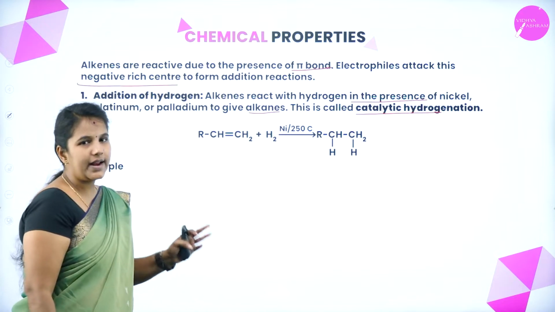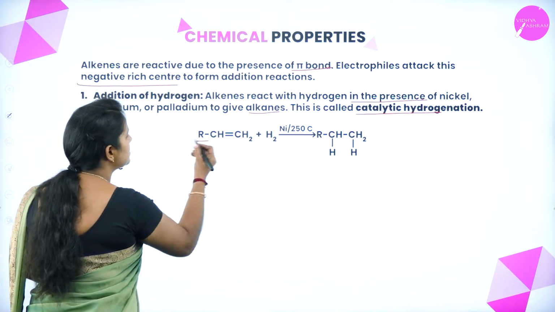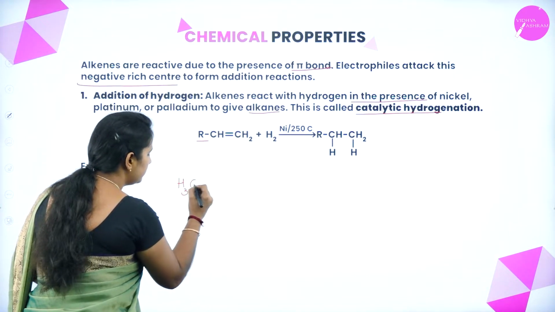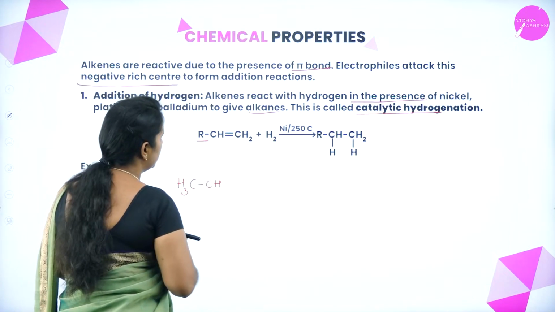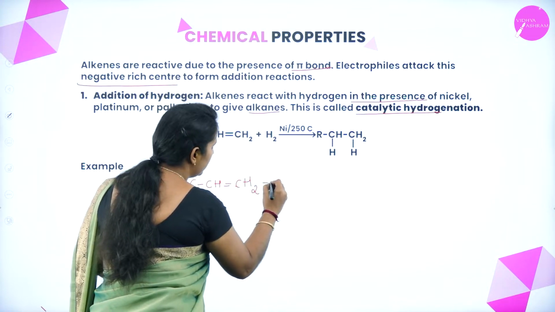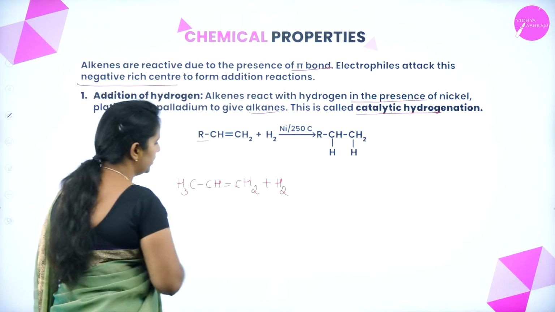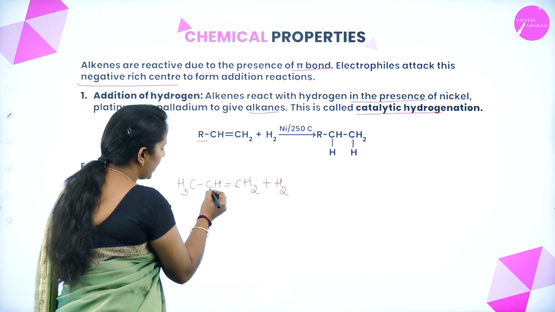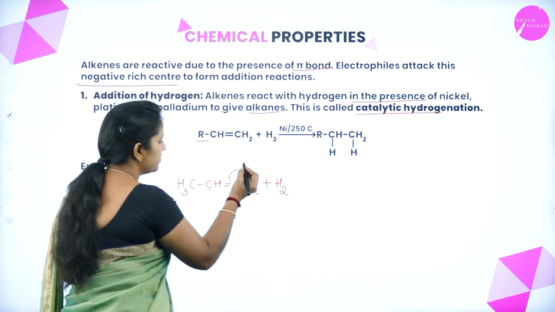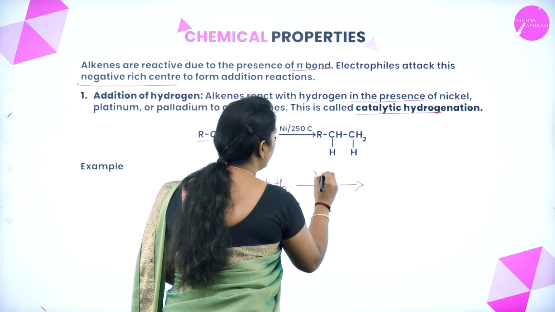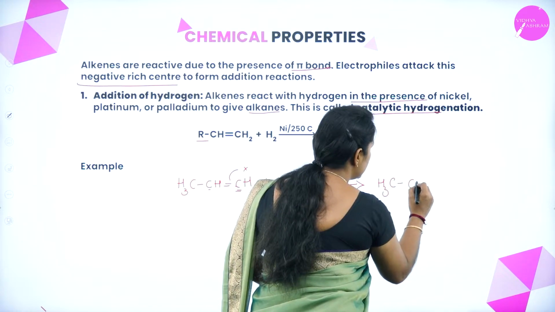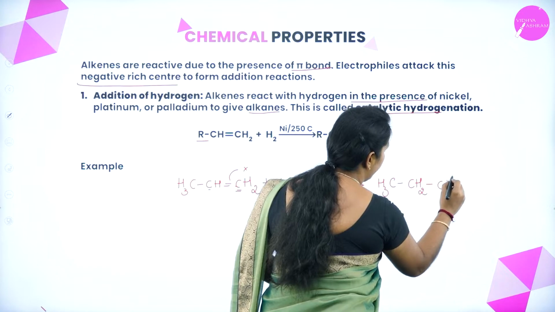Now, for this, I can write one more example. Here, R is my alkyl group. Now, I can write CH3, CH, double bond, CH2, and if you add the hydrogen to this, one hydrogen will attach to this carbon atom, one more hydrogen will be added to this carbon atom and break this bond, and in presence of nickel as a catalyst, it will form CH3, CH2, CH3.